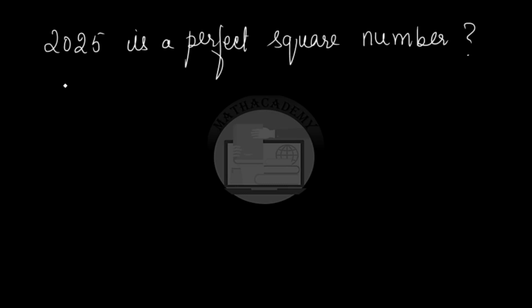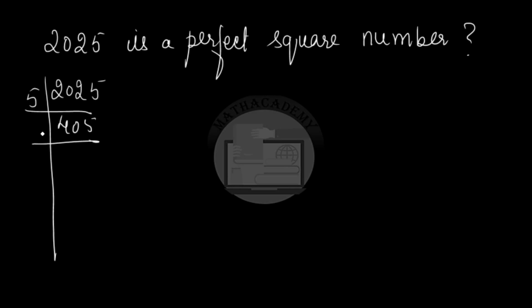Let's do one more question here. Try to find out whether 2025 is a perfect square number or not. We will be prime factorizing 2025 first to find all the prime factors. 81 goes by 3.